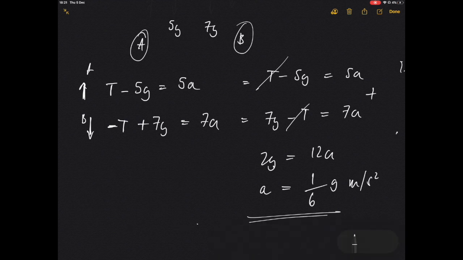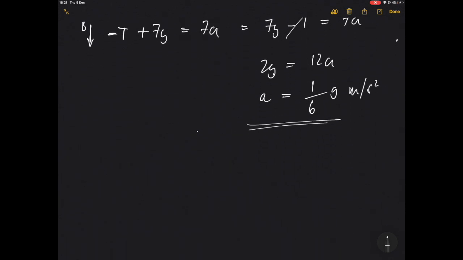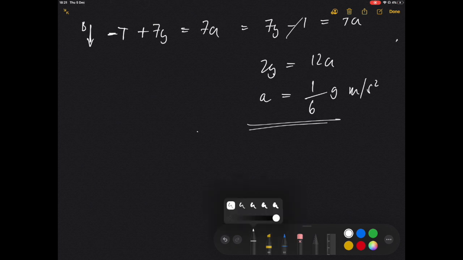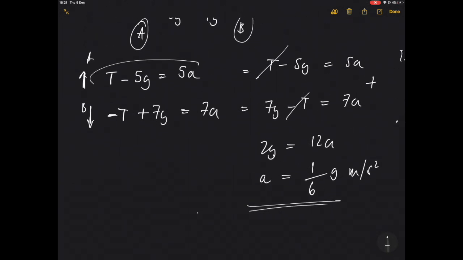Okay, so the next part of the question asks us to work out what the tension in the string is. Again, that's quite straightforward because we've actually got a set of simultaneous equations. We can just choose one of these equations. So T minus 5g equals 5a.